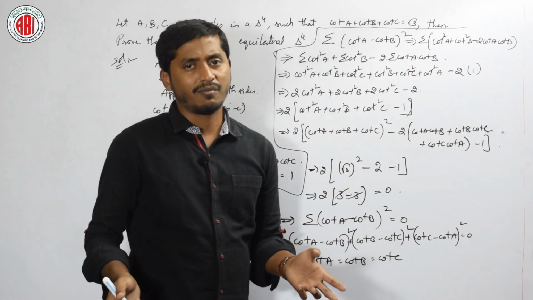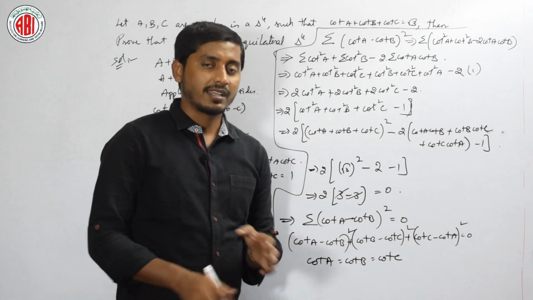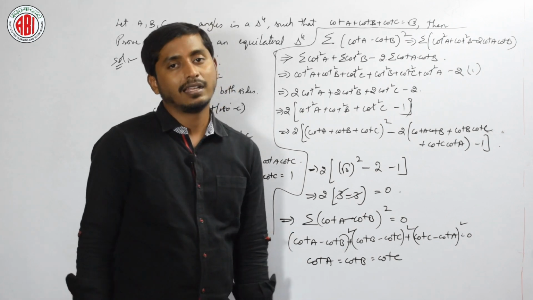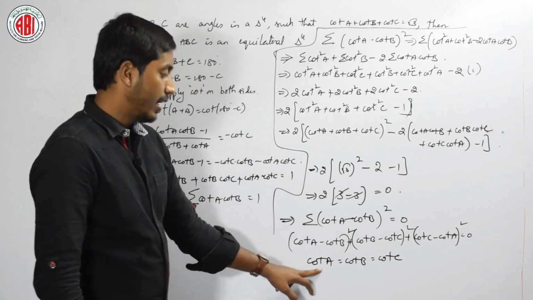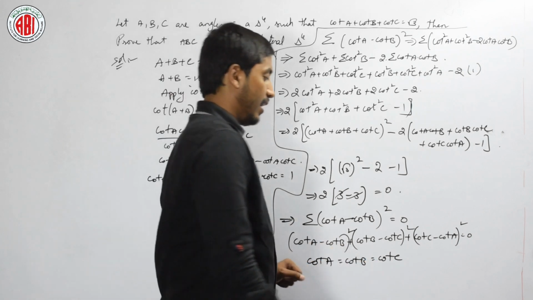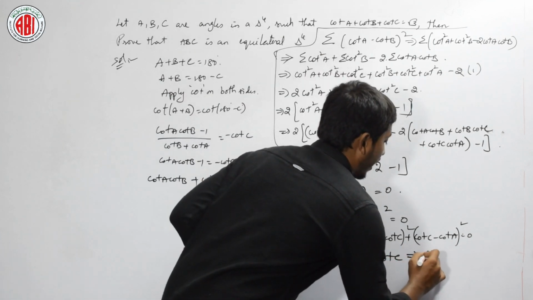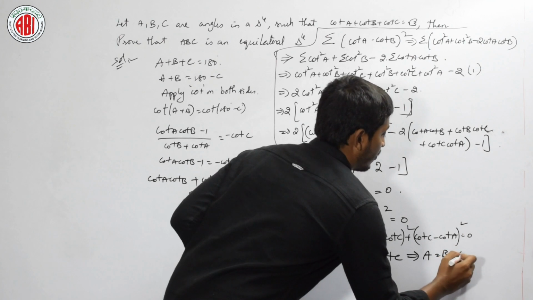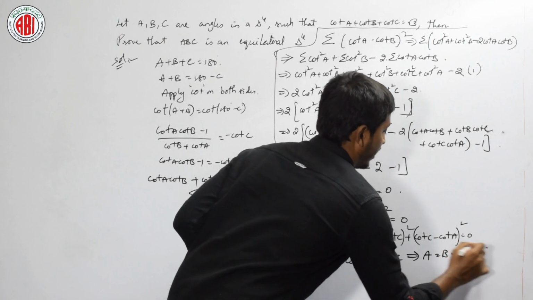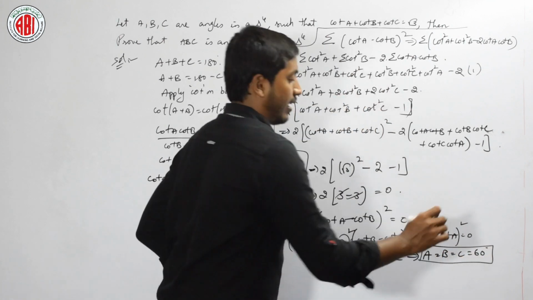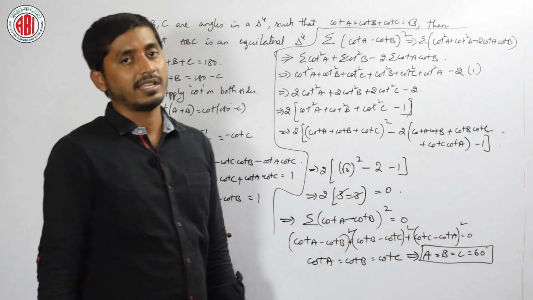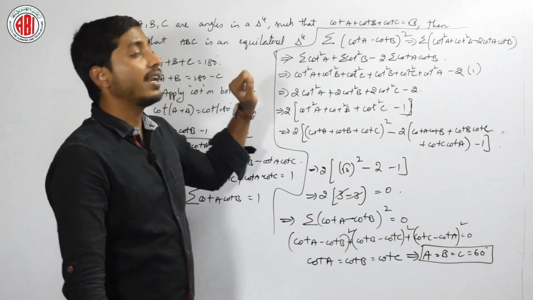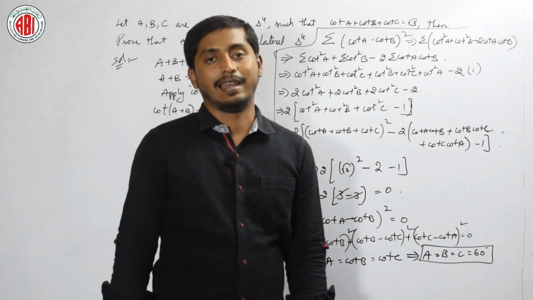Definitely they will be less than 180, and I am sure they will be less than 90 degrees. If cot A equals cot B equals cot C, then I can tell that A is equal to B is equal to C, that is nothing but 60 degrees. Since all three angles are equal, it will obviously be equal to 60. Therefore, ABC is an equilateral triangle.